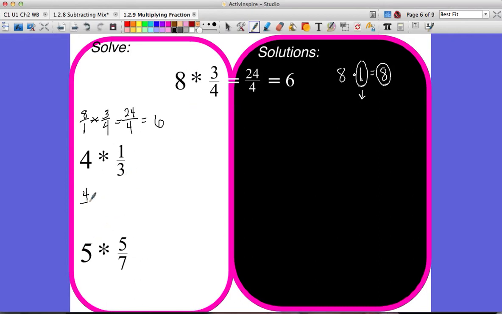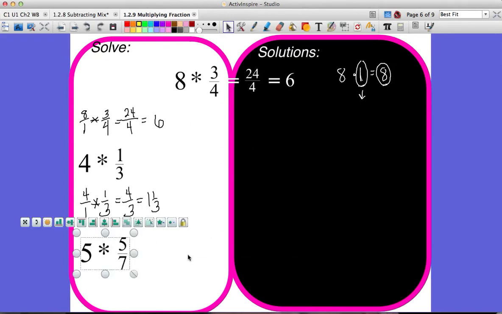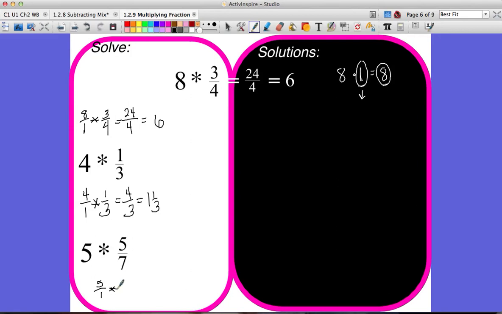All right, so this had to change to 4 over 1 times 1/3, and that gives me 4/3, which I know is 1 and 1/3. Okay, and then for this problem, we would change it to 5 over 1 times 5/7.